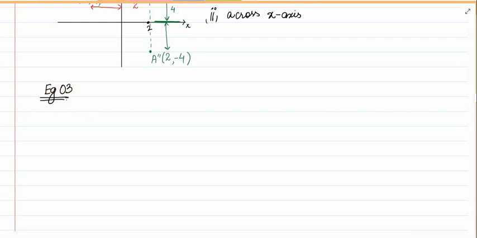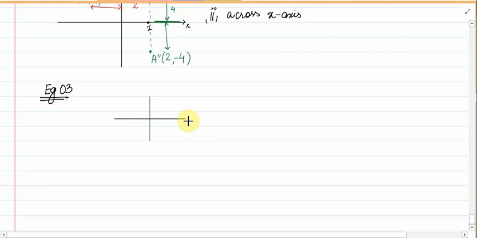Alright, okay. Now in this example there is a little modification. Now let's suppose we have a point here, A, having the coordinates of 6, 3.